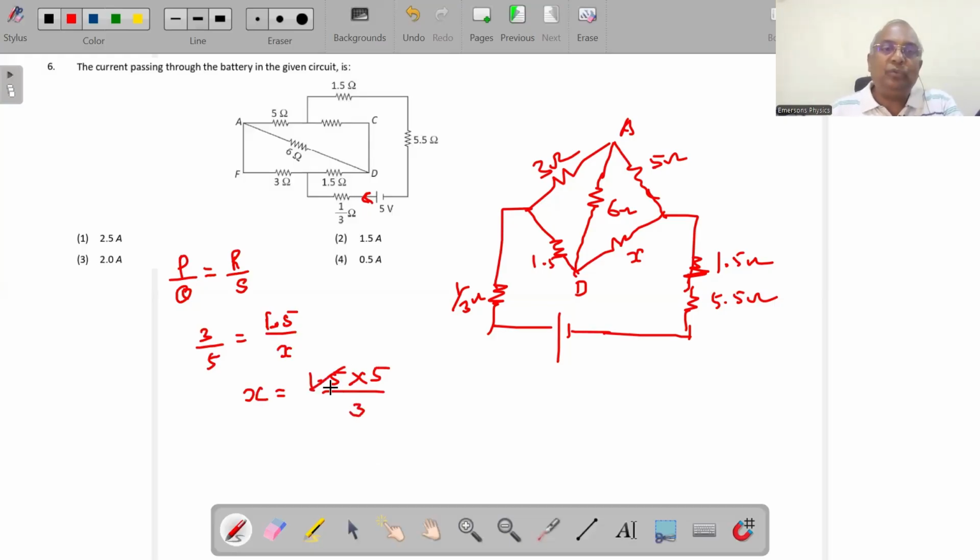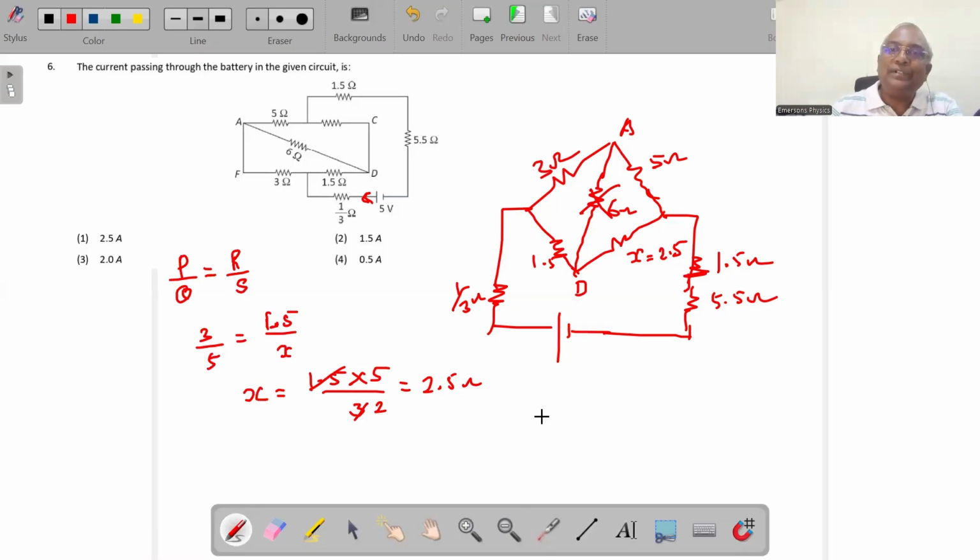Okay, 3 2 times. So definitely X is 2.5 ohm. Clear? This is 2.5 ohm. And it is a bridge balance condition. There is no effect of this resistance because A and D are at the same potential. There is no flow of current.